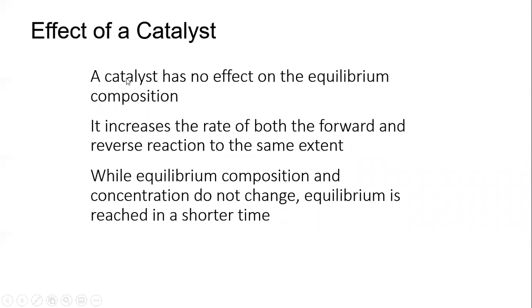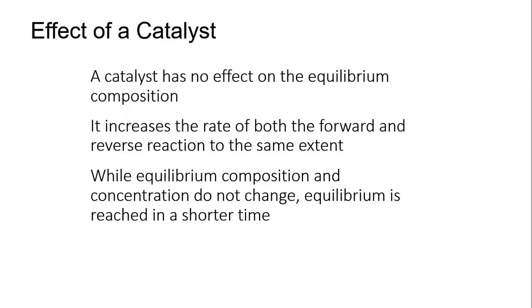Now, we have talked about a catalyst. We mentioned a catalyst in the last lecture dealing with kinetics, how it lowers the activation energy of your reaction. Now, a catalyst has no effect on equilibrium. What the catalyst does is lower the activation energy so that the forward and reverse reactions can proceed more easily.